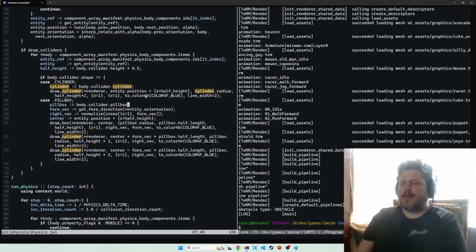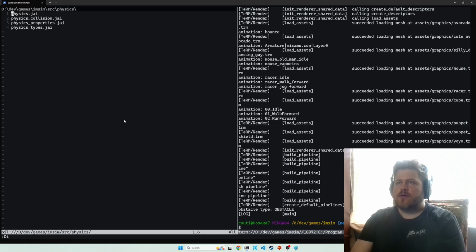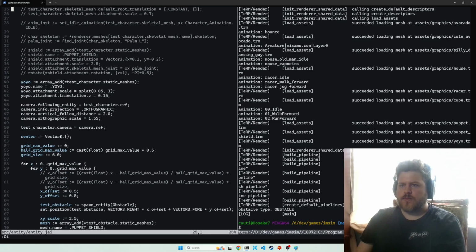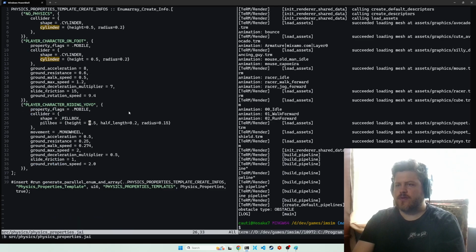Let's go ahead and hack this collider into shape. Let's see. Okay. I guess I just set it in physics properties. Height. I guess I do store that.